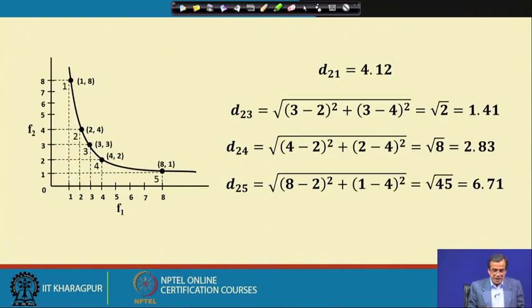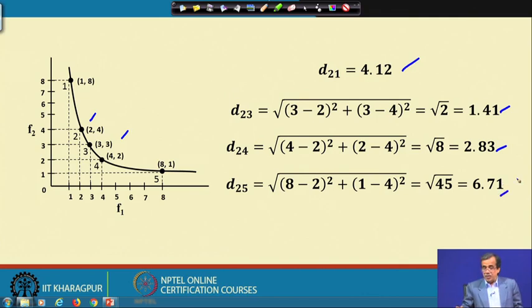Now, next we try to find out the niche count for the second point, that means this particular point. So, we try to find out the Euclidean distance between 2 and 1. So, this is the distance between 2 and 1, the Euclidean distance between 2 and 3, so this is the distance between 2 and 3. Next is 2 and 4, so this is 2.83, then 2 and 5, and this is becoming equal to 6.71.